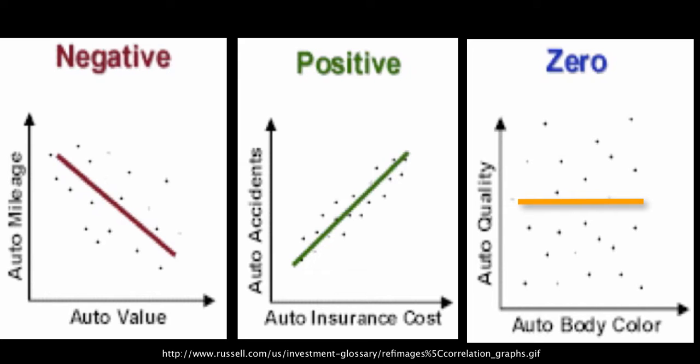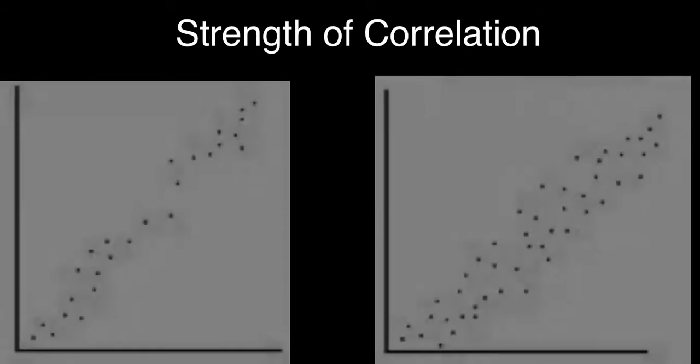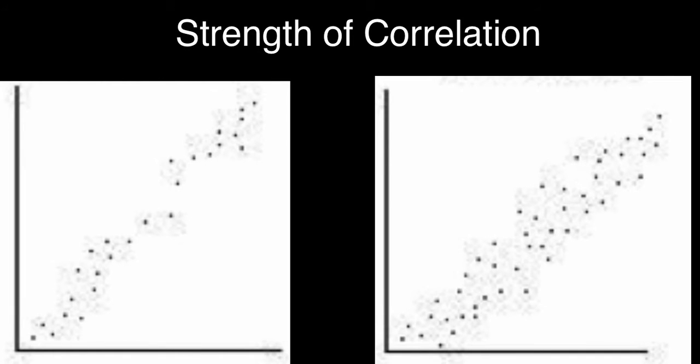The positive sloping line would be a positive correlation. And then if we have no correlation, we might have a horizontal line where these dots just look scattered and random.